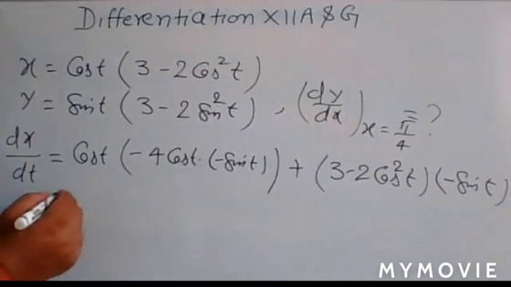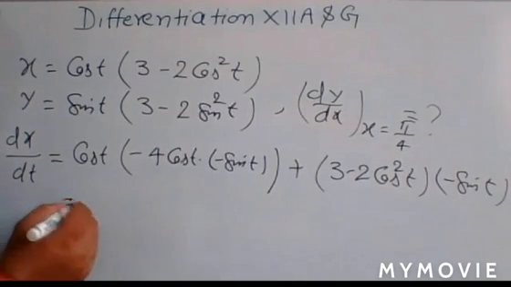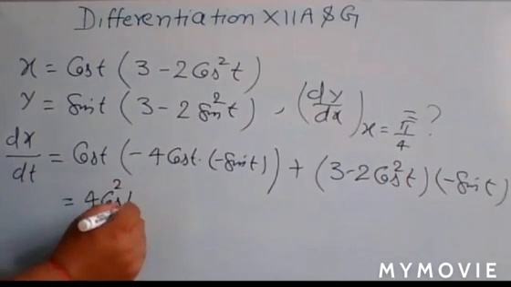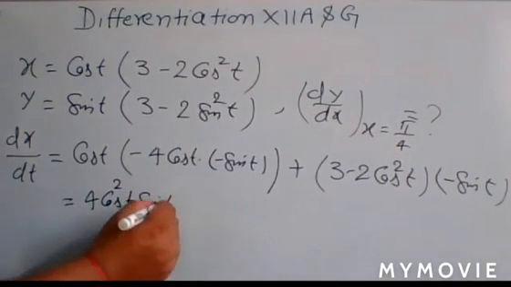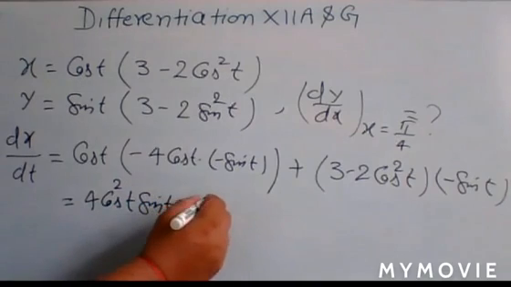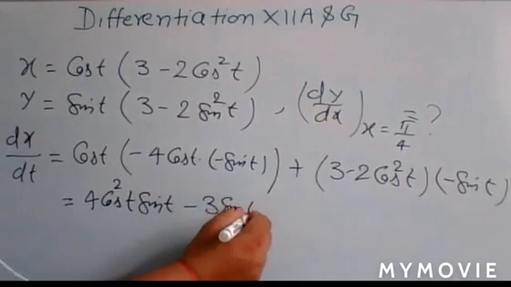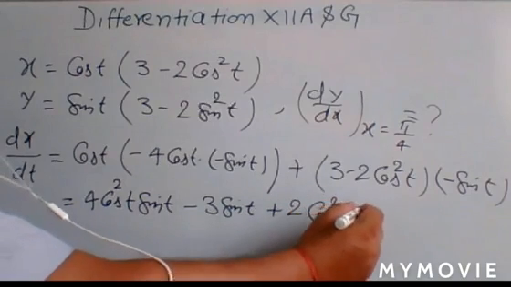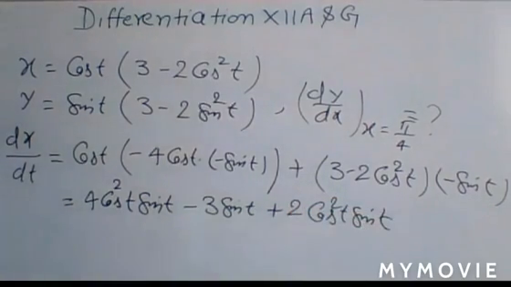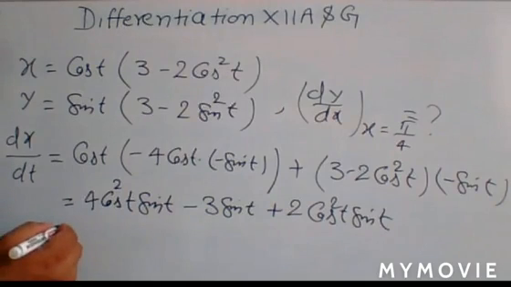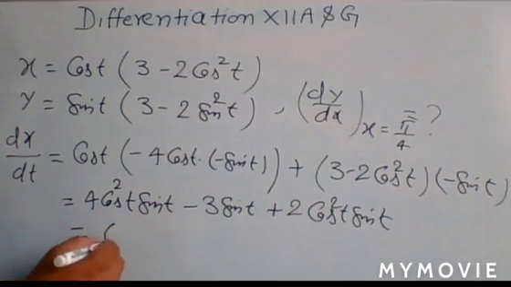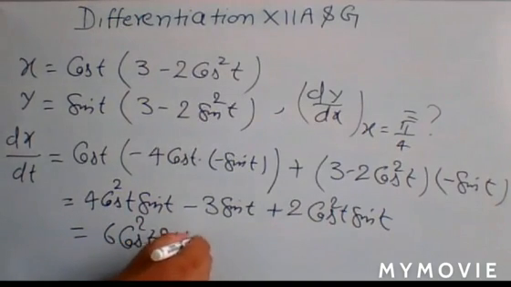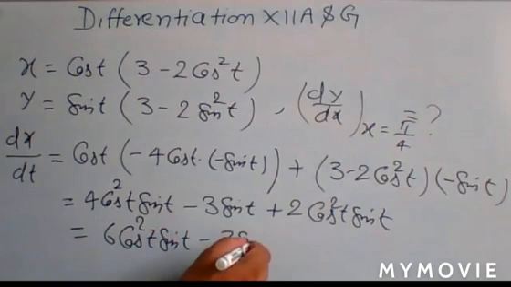Now simplifying, you have 4 cos square t sin t minus 3 sin t plus 2 cos square t sin t. That is equal to 6 cos square t sin t minus 3 sin t.